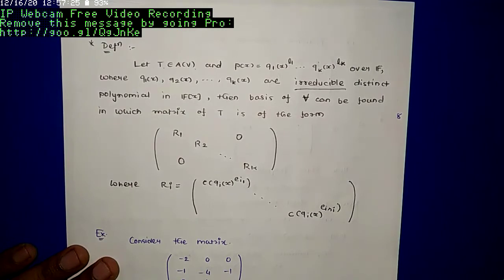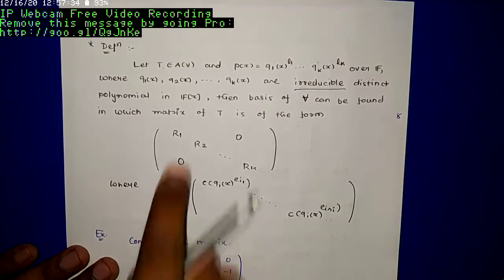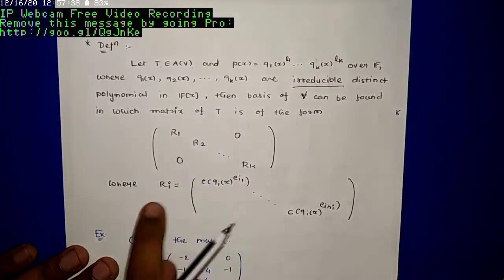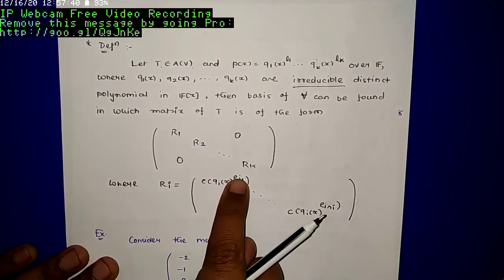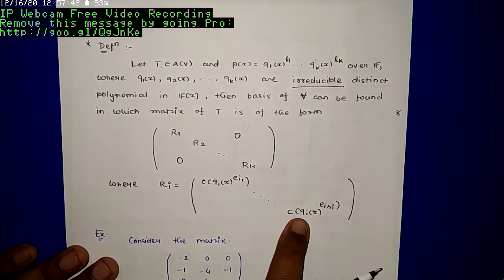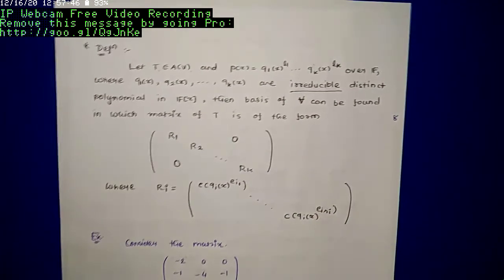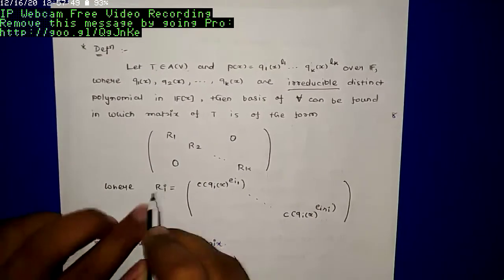So we want to define a rational canonical form, so that this is the matrix R1, R2 up to Rk, and all other entries are 0, where Ri is nothing but C of qi(x) raised to li. What is Ri?